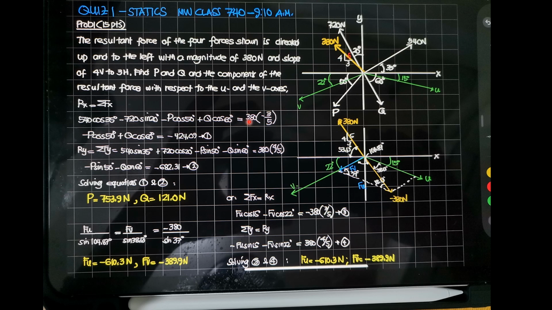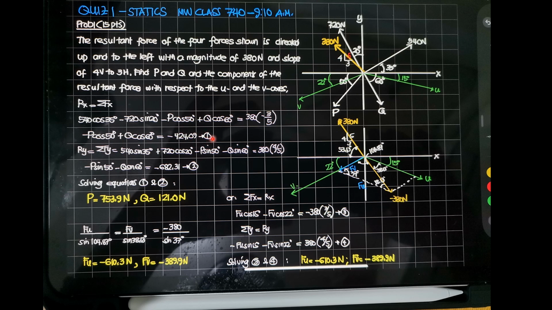We equate it to the x component of the resultant, which is negative because it is directed up to the left: negative 380 times 3 over 5. Simplifying, we have negative P cosine 50 degrees plus Q cosine 60 degrees equals negative 424.09.